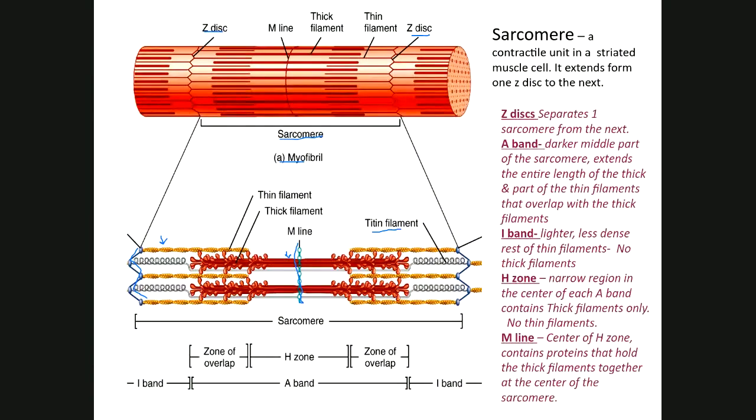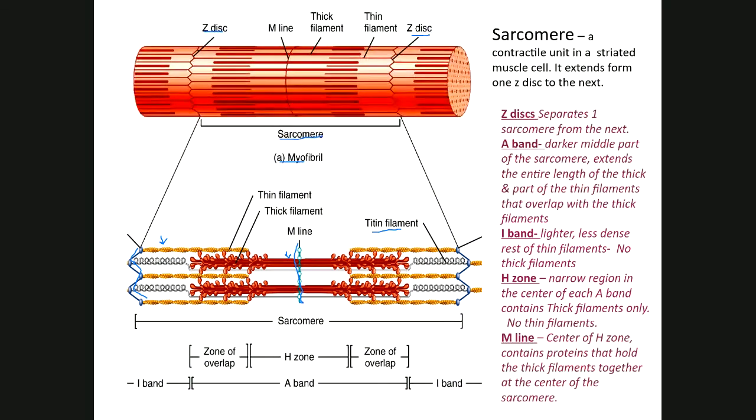Other lines we have to know if we're looking at this: first of all, Z-disc to Z-disc contains the sarcomere. This lighter pink area is the area where we only have thin filaments.